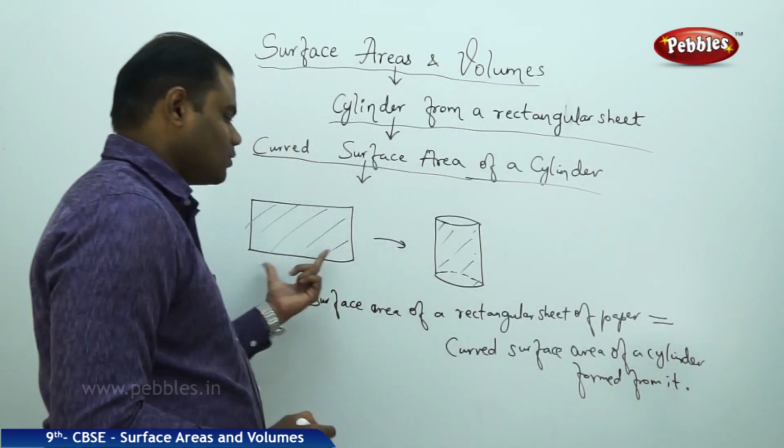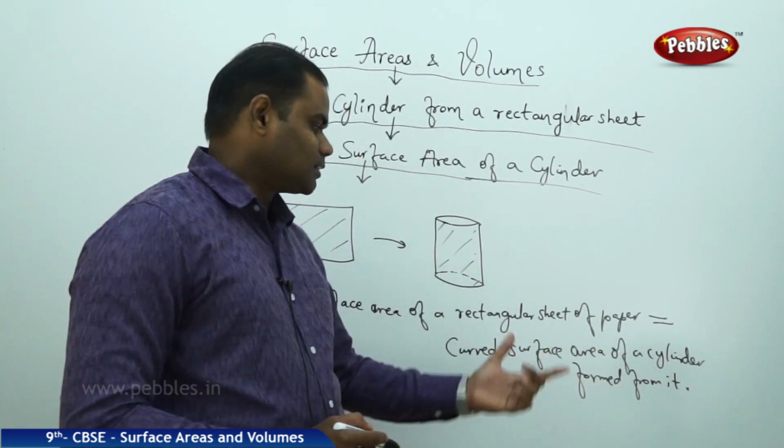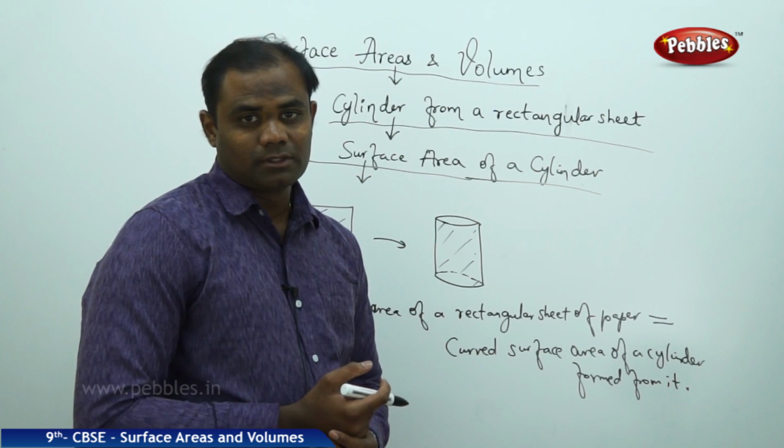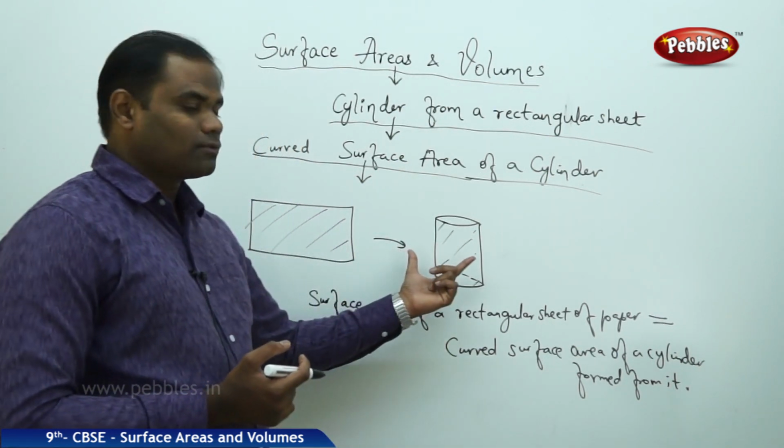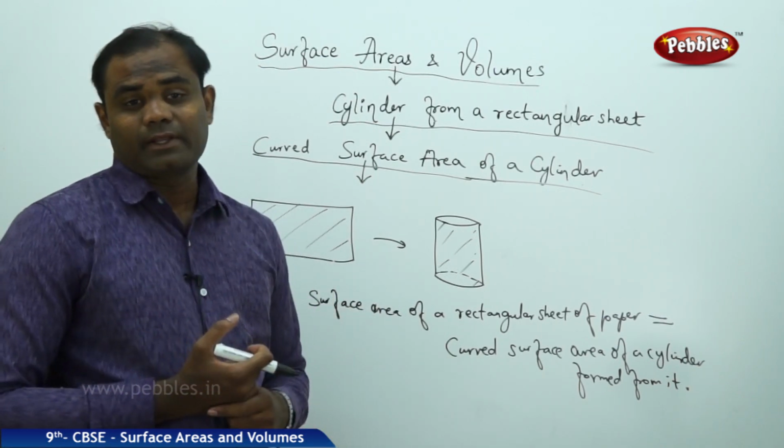So when we want to find the curved surface area of a cylinder, we connect that with the area of a rectangle.